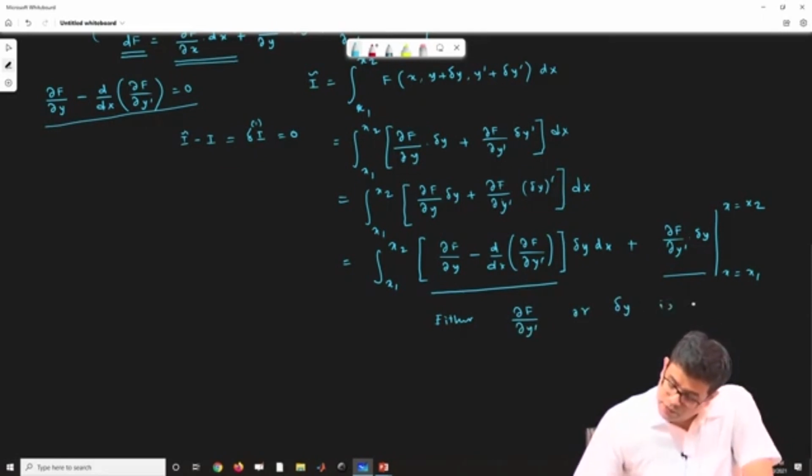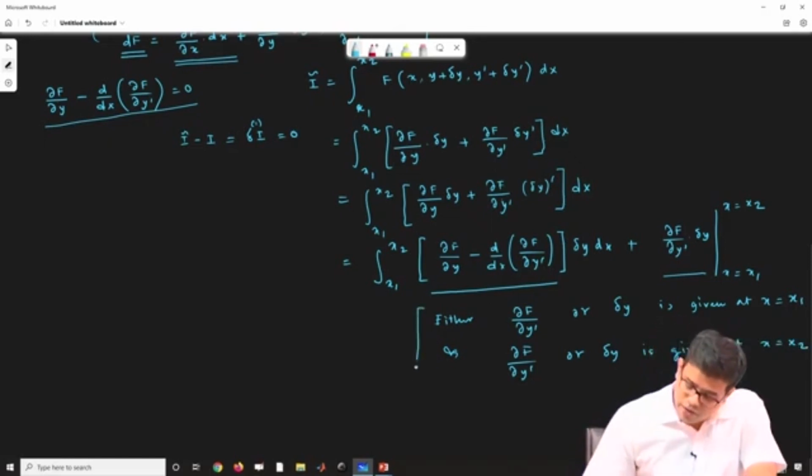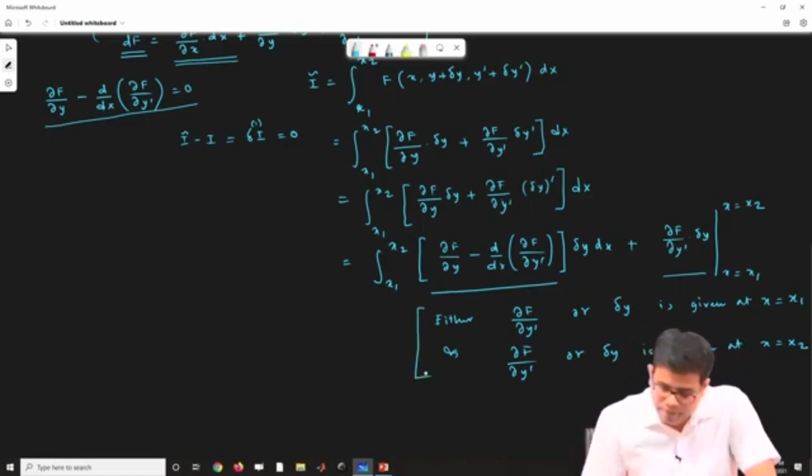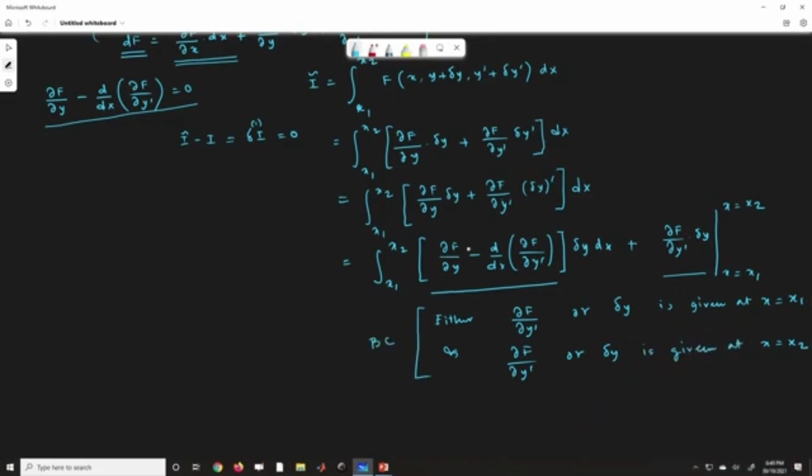is given at x equals x1, or ∂f/∂y prime or delta y has to be given at x equals x2. So this is the boundary condition. So you see, this is my boundary condition and this is my Euler-Lagrange equation.